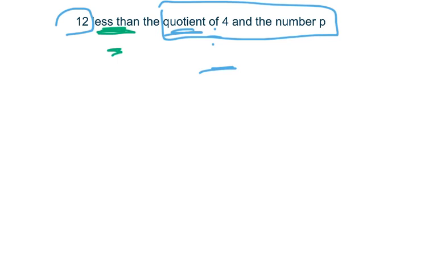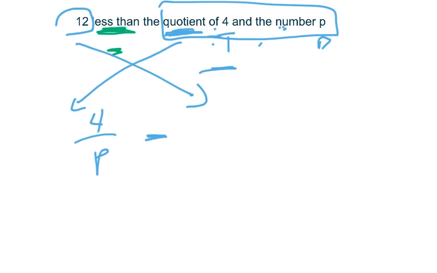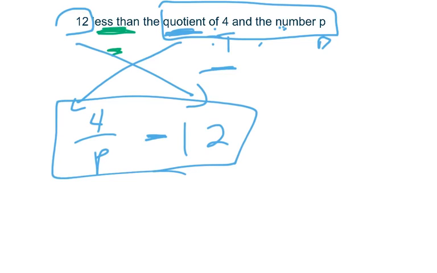So when you do this, this one has to go to this side, this one has to go to this side of the minus sign because less than means you've got to switch them. So you have 12 less than this. So you're taking 12 away from all of this. So then the quotient, the first part goes on top, the second part goes on bottom. And so you have 4 over p minus 12. And that is your answer.